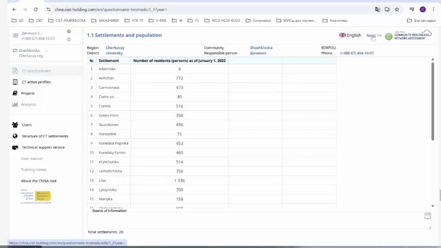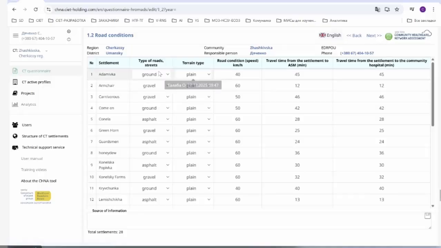Each gramada, each community can observe changes in population, not only in size but also in composition, number of children, number of adult population, etc.